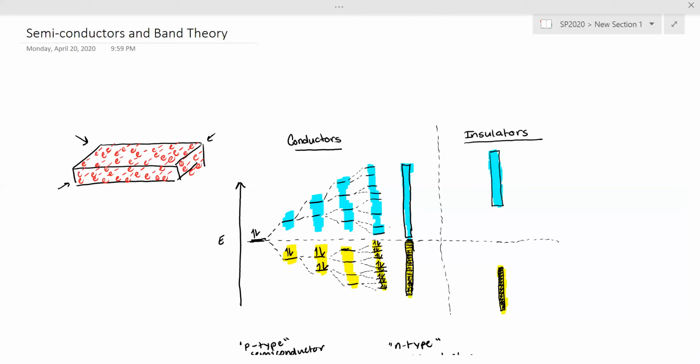So what I've shown you here is an energy diagram of any metal that is considered a conductor.